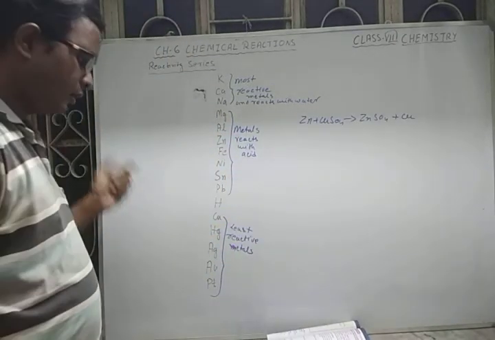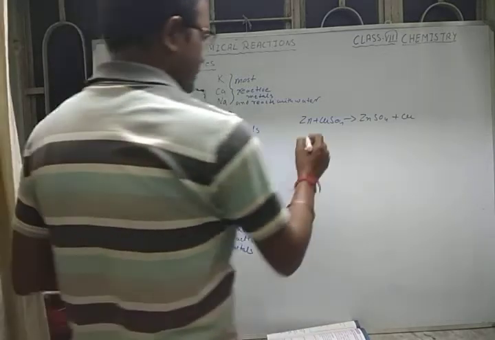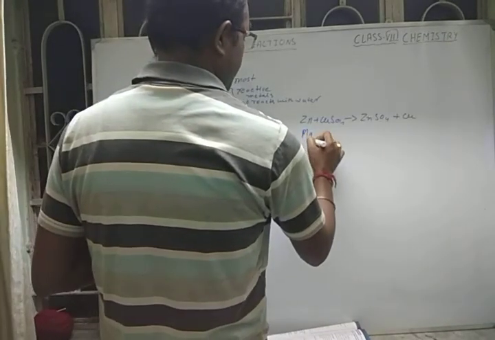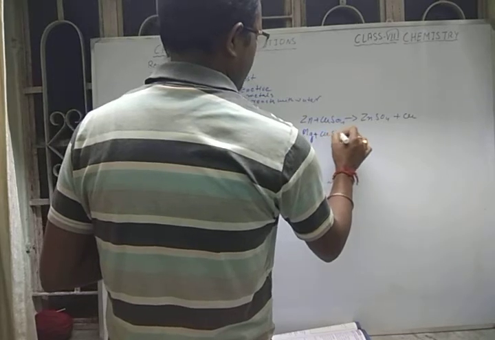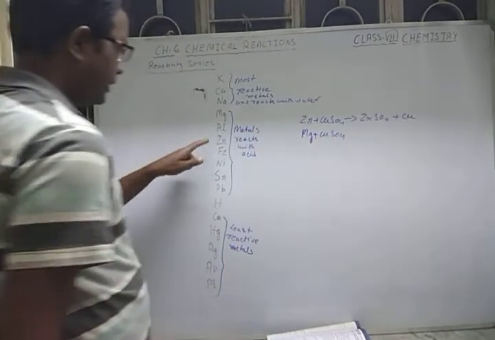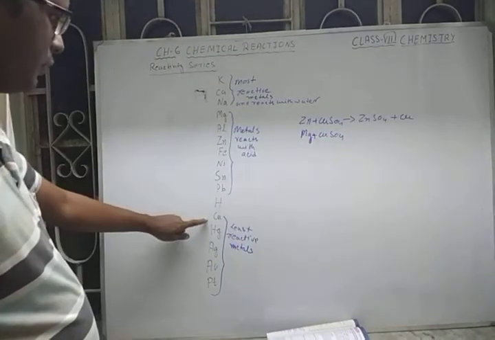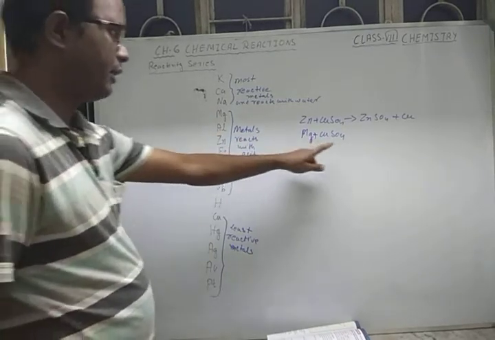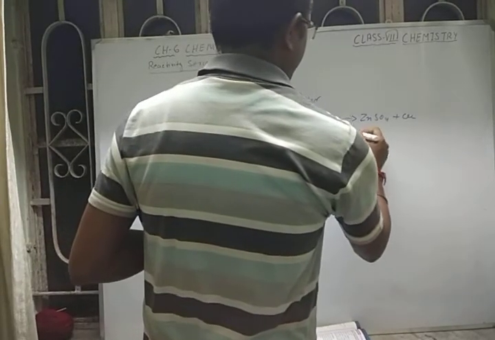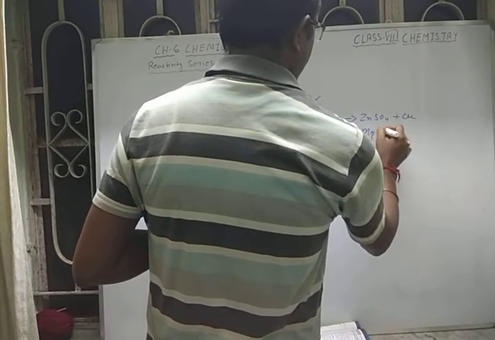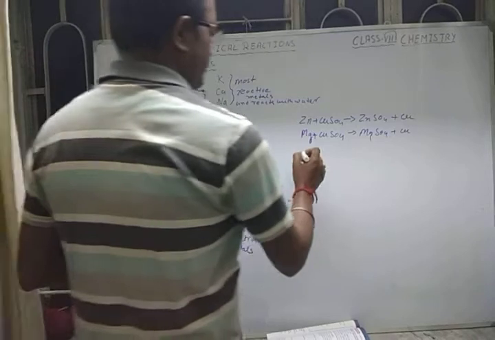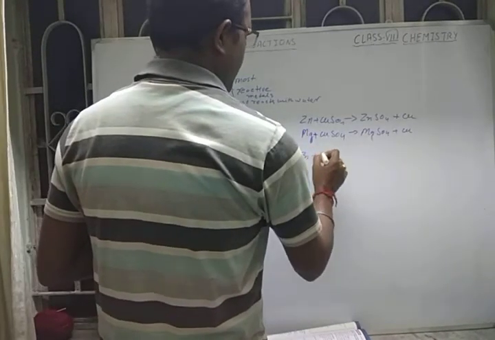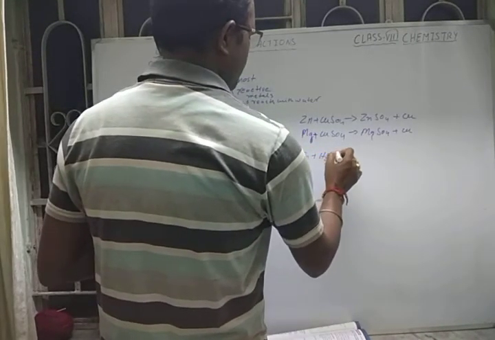Some more examples. Suppose I take magnesium with CuSO4. Magnesium comes before copper, so magnesium will react to become magnesium sulfate plus copper. Another example is zinc and H2SO4.